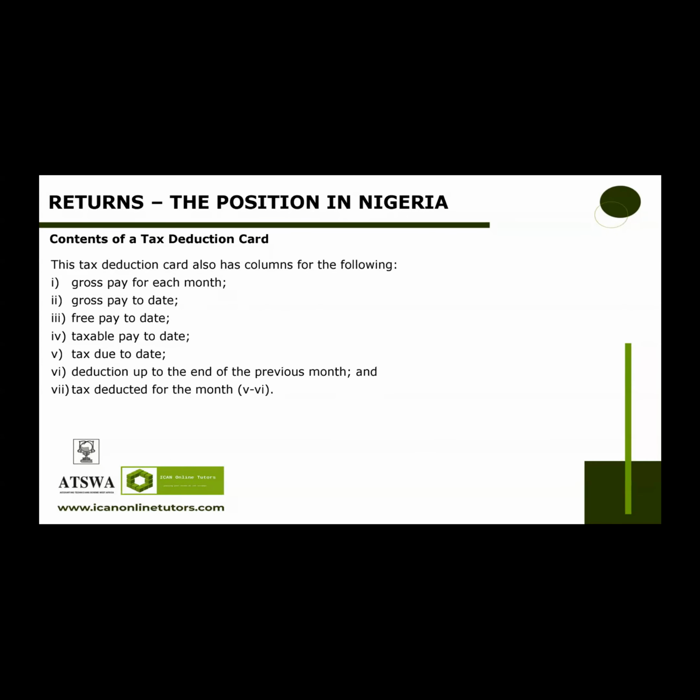This tax deduction card also has columns for the following: gross pay for each month, pay to date, deduction up to the end of the previous month, and the tax deducted for the month.